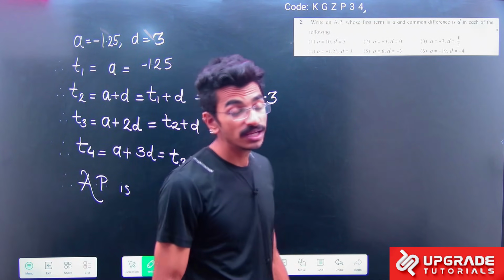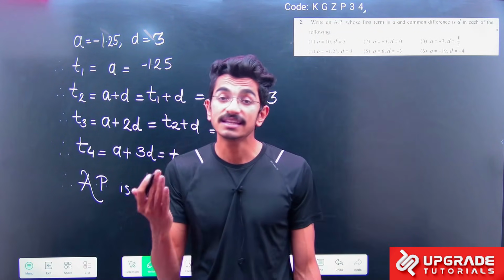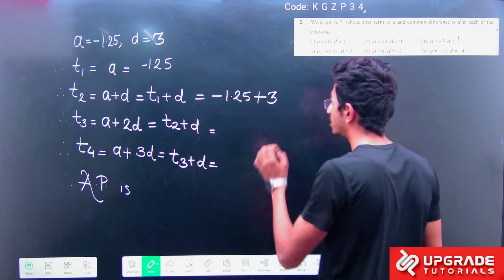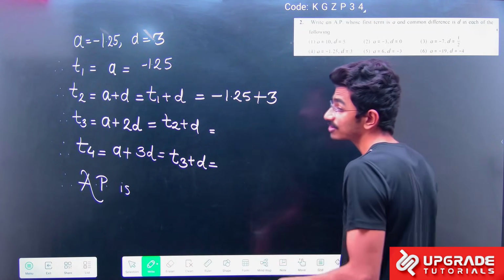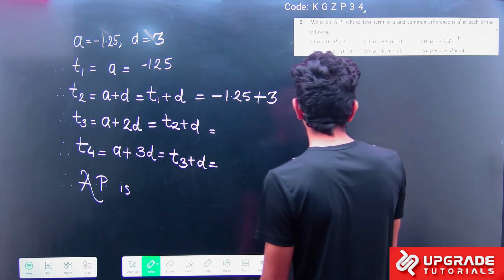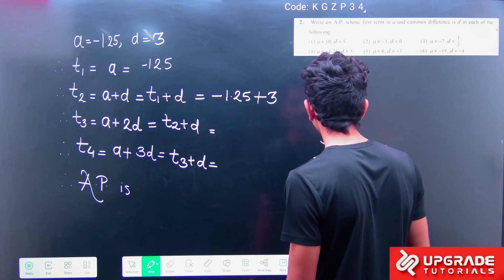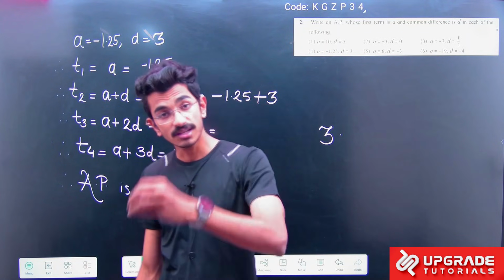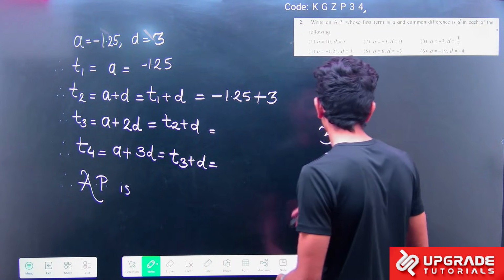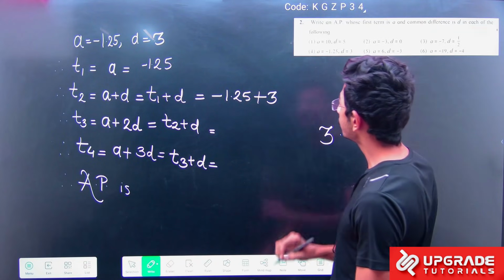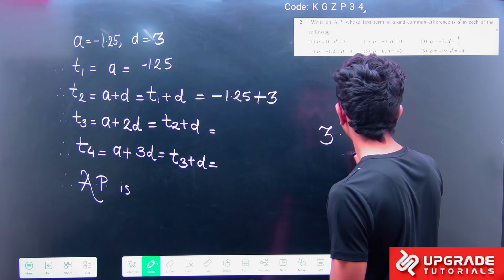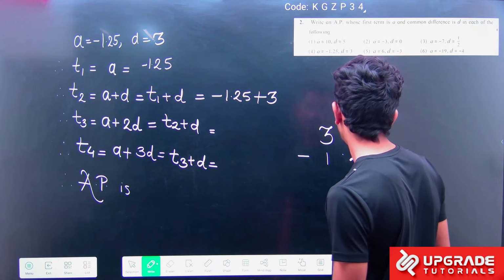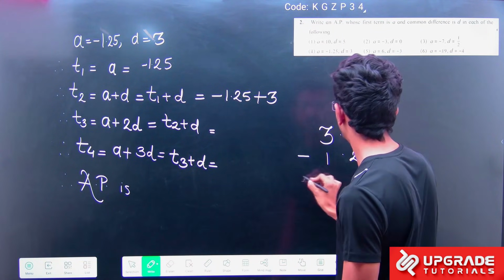Just before, I have explained how to add and subtract decimal numbers. Now you will see there is a decimal in the first number, but there is no decimal in the second number. So what do you have to do? Don't do anything. Write 3, and after that give the decimal point. Always give the decimal point after the number, or else you will give it before the number. Next, below the decimal point you have to write the decimal point. 25 and 1, and here it is minus, and 0 0.